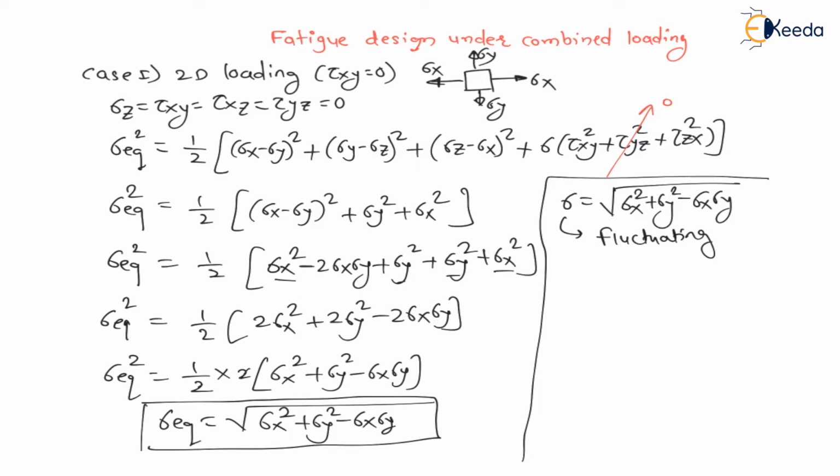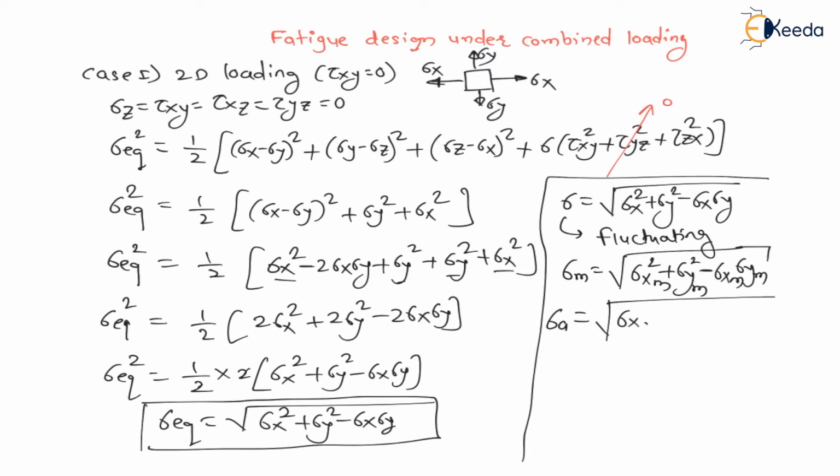The mean stress is equal to under root of sigma x mean square plus sigma y mean square minus sigma x mean into sigma y mean. We have to consider all the mean values. And stress amplitude is equal to under root of sigma x amplitude square plus sigma y amplitude square minus sigma x amplitude into sigma y amplitude. This is how we have to solve.